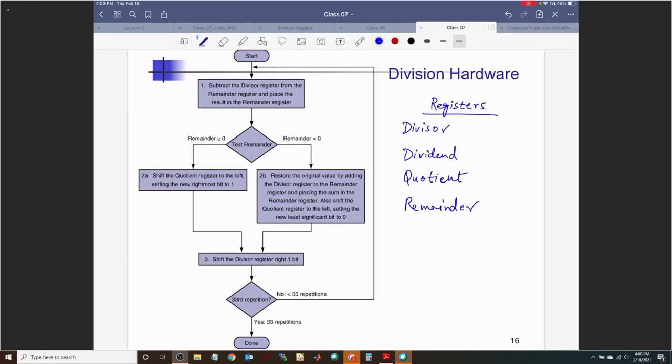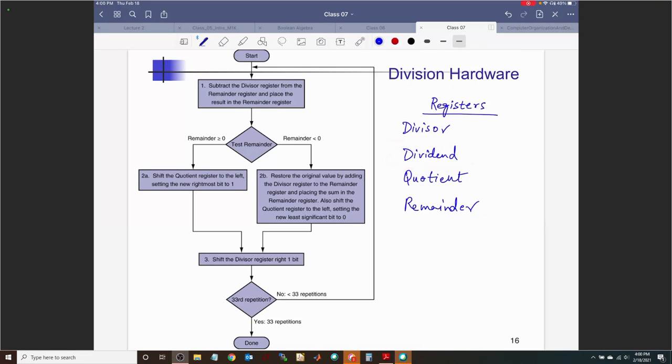But what does it have? Well, the remainder register, unlike the product register, right, you remember when we were talking about multiplication, we initialized the product register to be all zeros. Now we are going to initialize our remainder register as the dividend itself. Why? Well, just so that I don't have to use the dividend register.